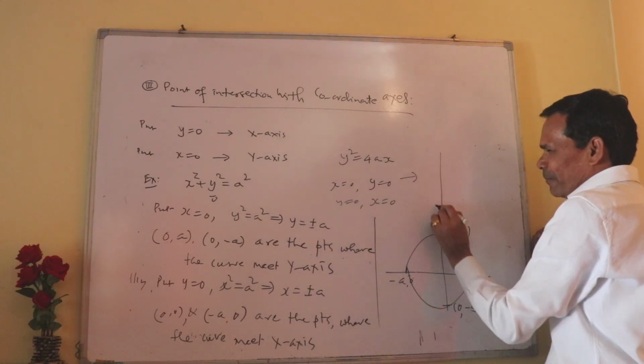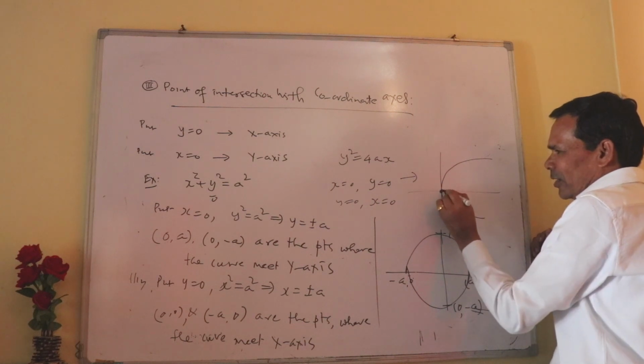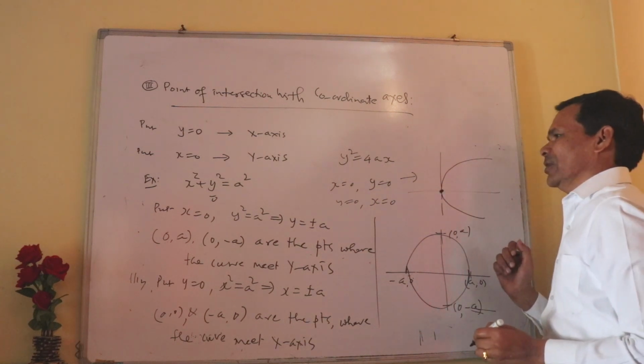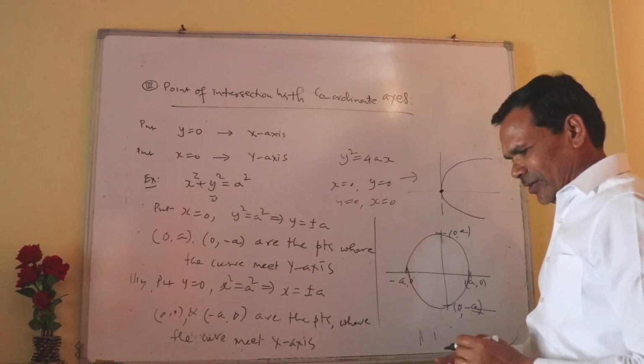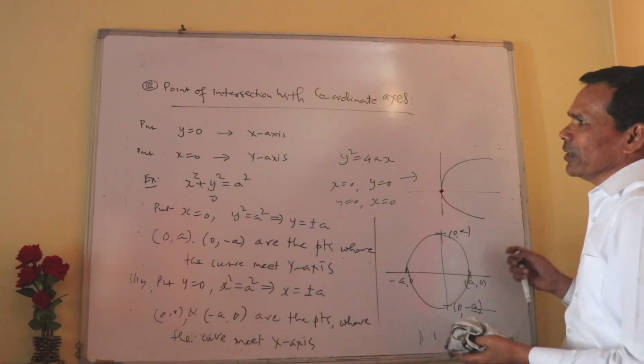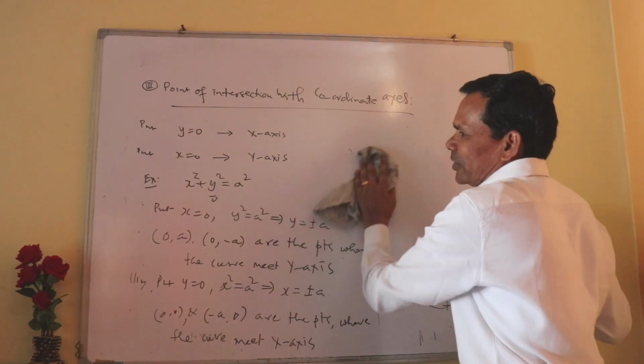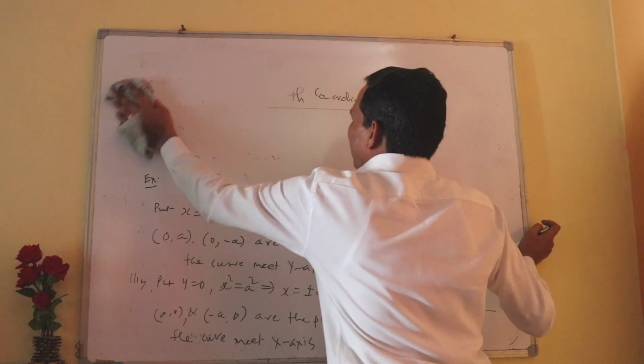So for this, the origin is the only point where the curve meets the x and y axes. This is how you can explain the points of intersection, and it is necessary to know the approximate shape of the curve.